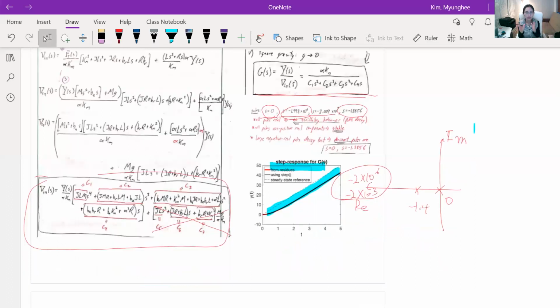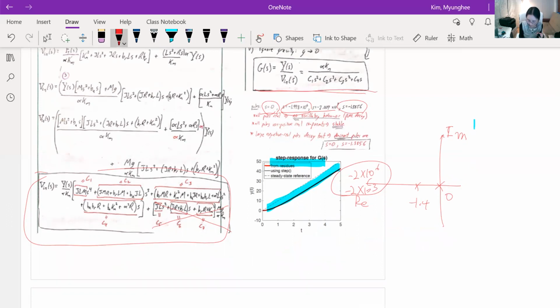And also, don't confuse the open loop system and the closed loop system. Why I'm saying this is that for the steady state error, for the closed loop system, for the G(s), it will approach 0 for the step input.